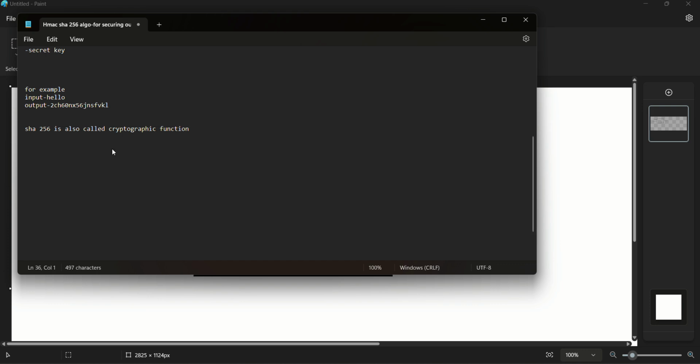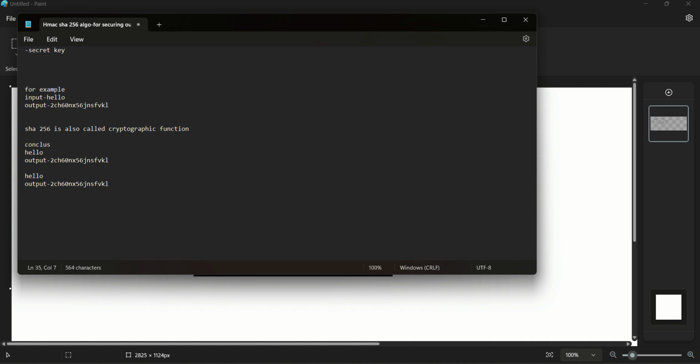For example, if you first pass hello, you get this hash value. If you use hello again, then the same output will be provided. First conclusion is this.